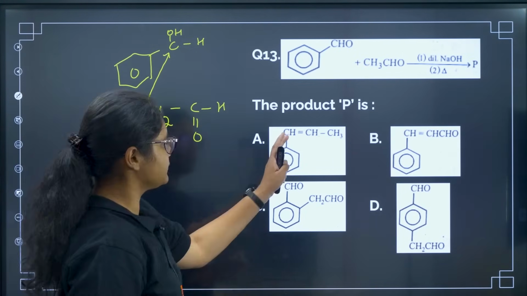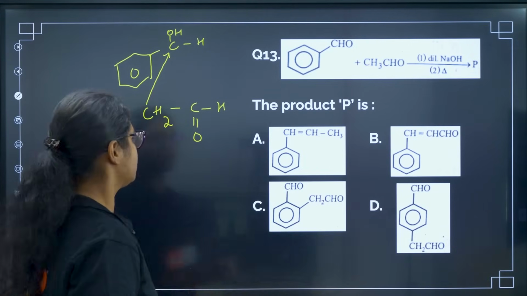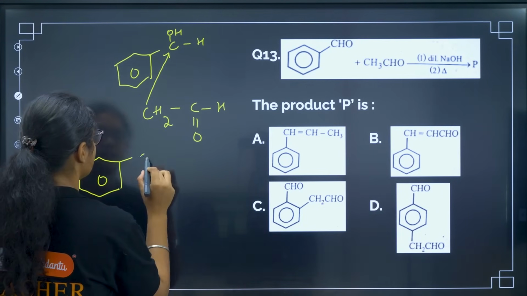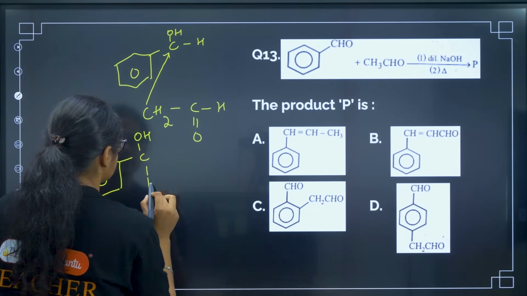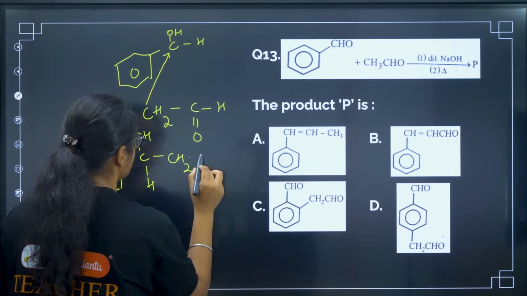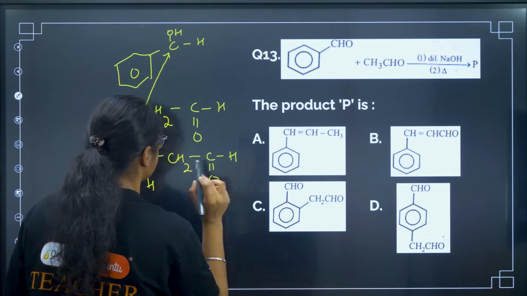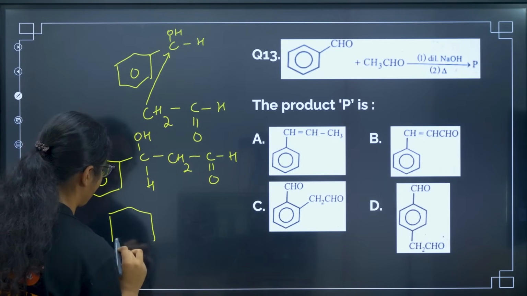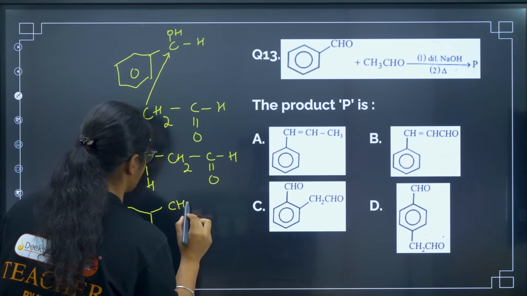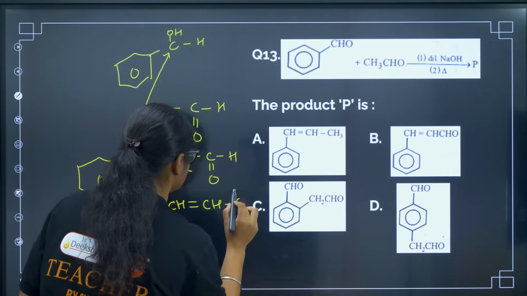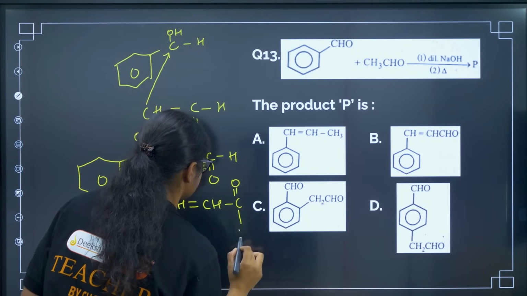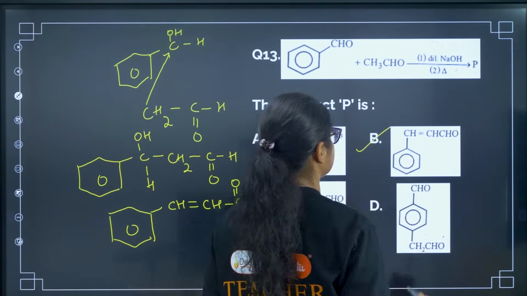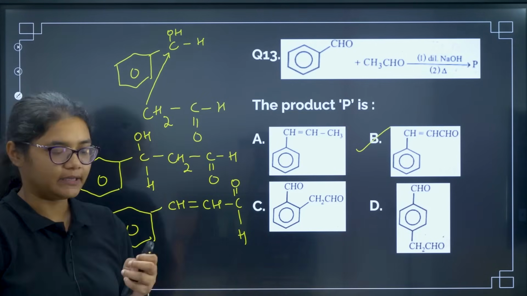We have C, OH, H, CH2, C double bond O, H. Now here there will be dehydration, so I will get an alpha beta unsaturated compound, C double bond O, H. So just we can check, this will be the answer. The correct answer for this question will be option B.